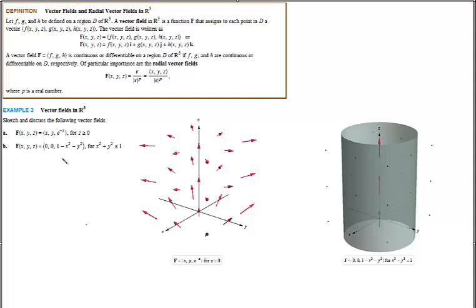In this next example, just notice that this is 1 minus r squared, and the magnitude of these vectors is the greatest along this center line.